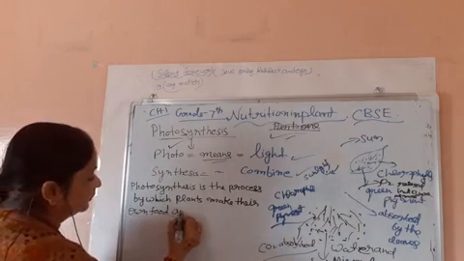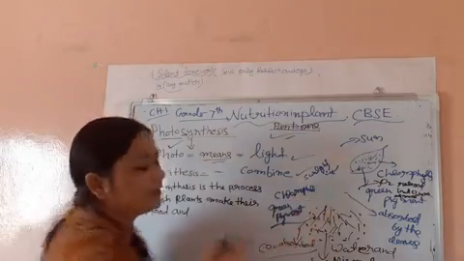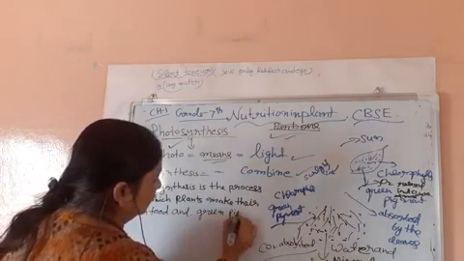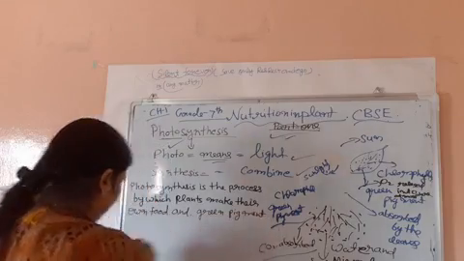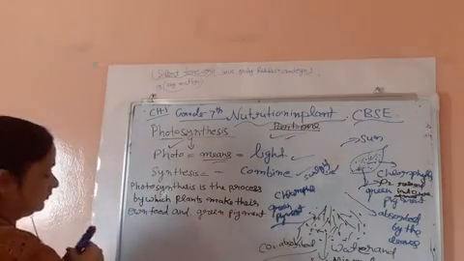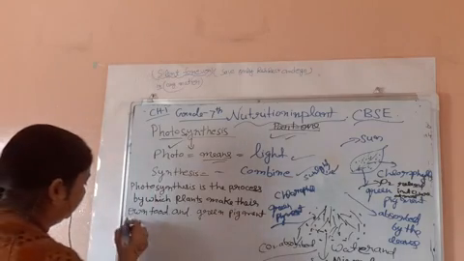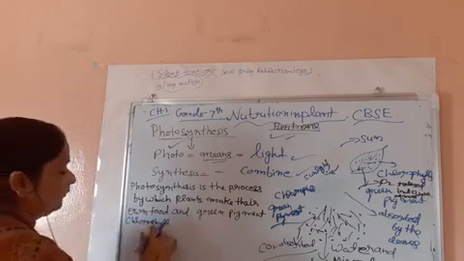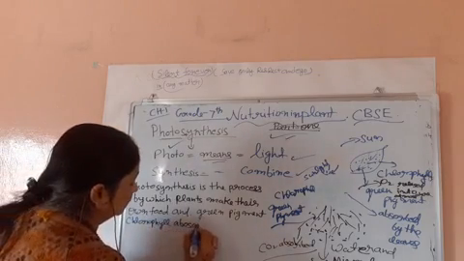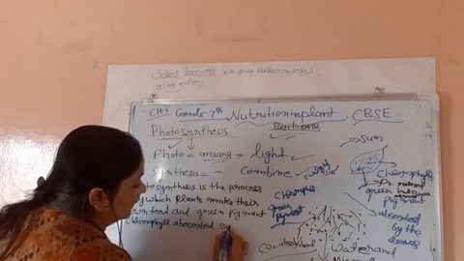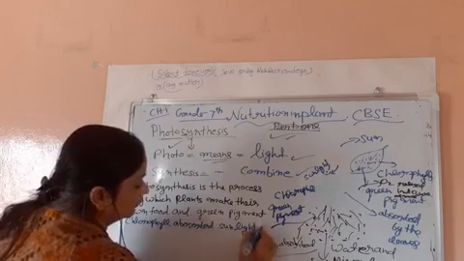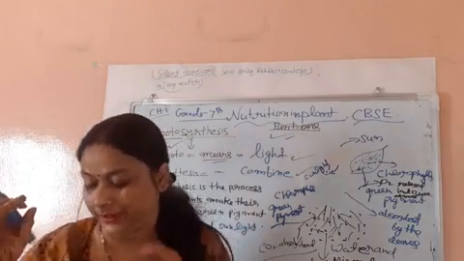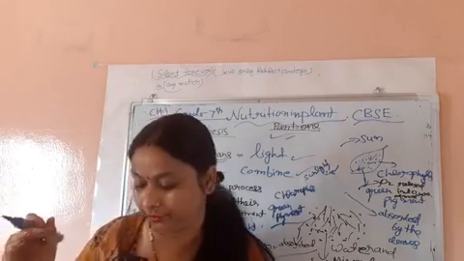And this green pigment is called chlorophyll, and chlorophyll absorbs sunlight. This energy is used to synthesize food.